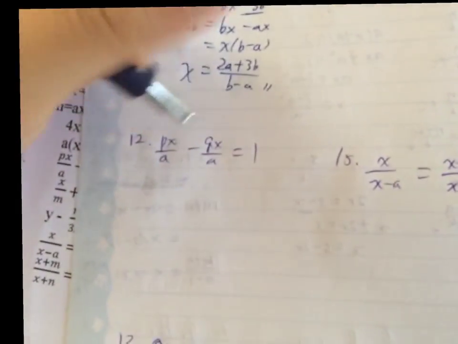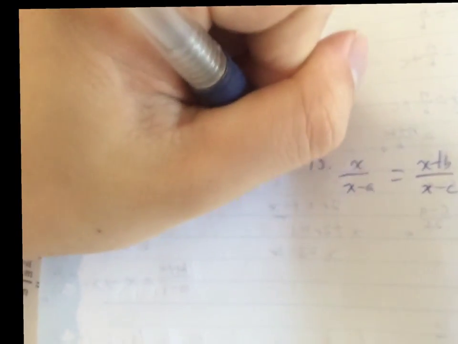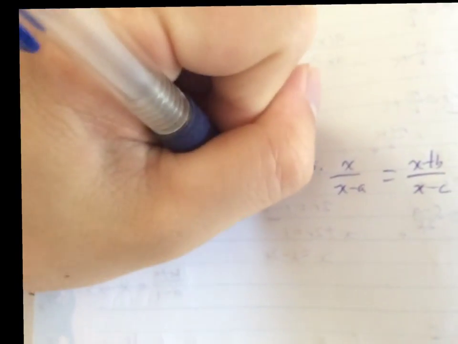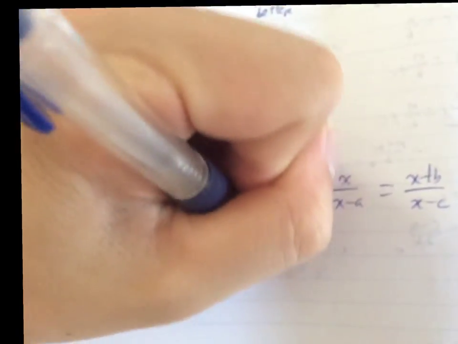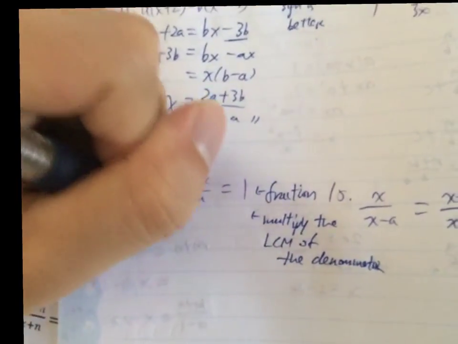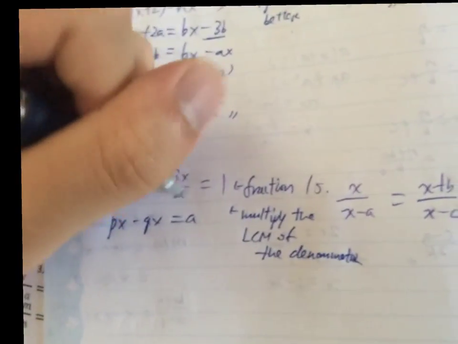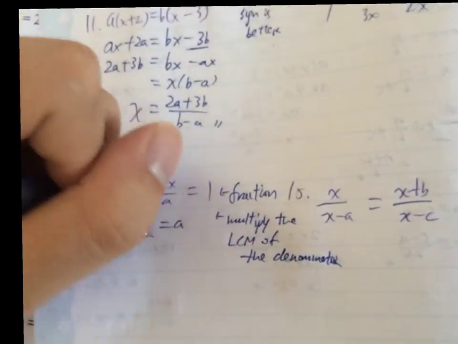This one has a fraction. Fraction, you need to multiply the LCM of the denominator. So px plus qx equal to a. You multiply a for all the terms, and all expanded out.